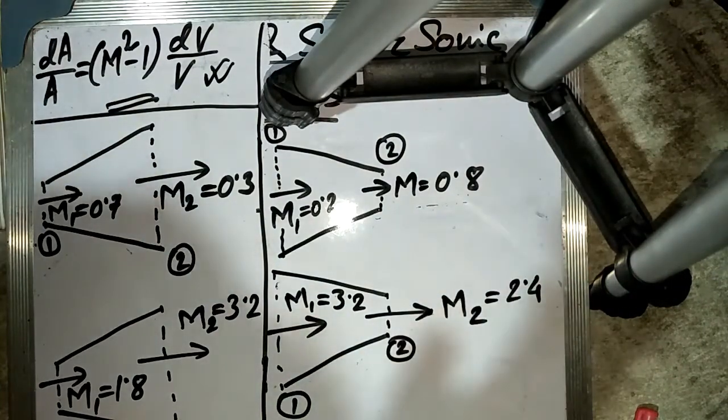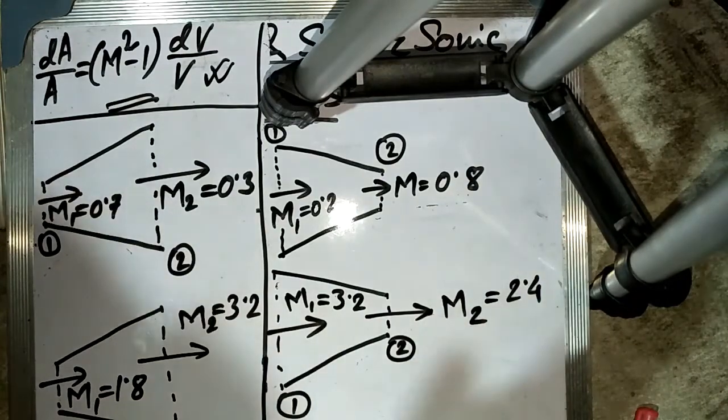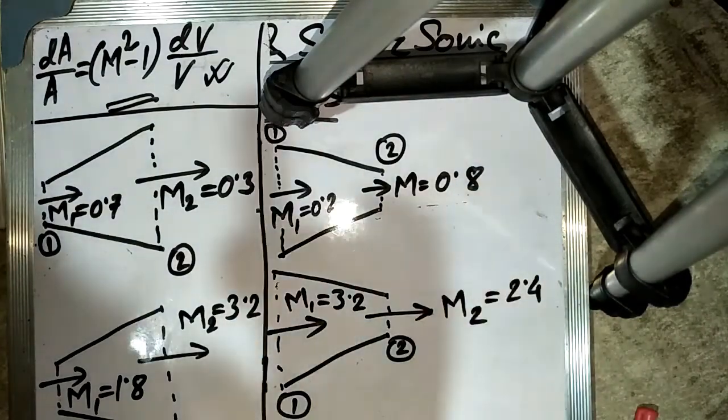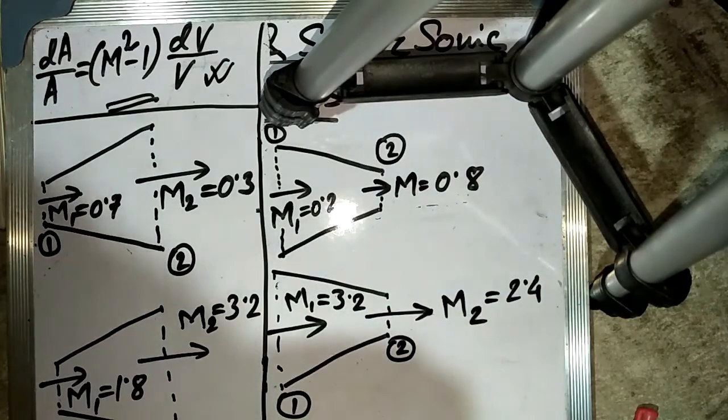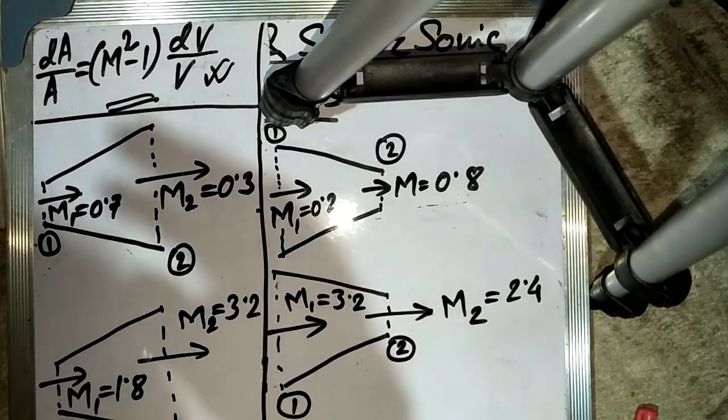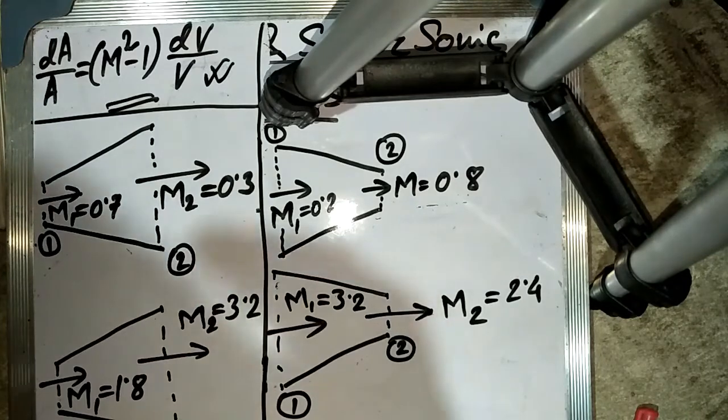As the area A decreases, the pressure decreases and the velocity increases.